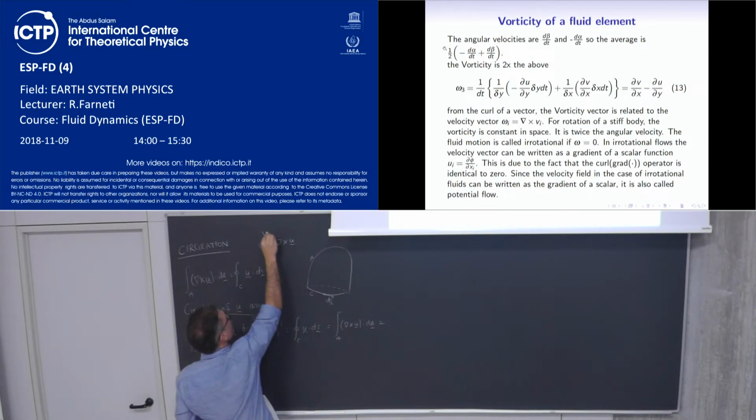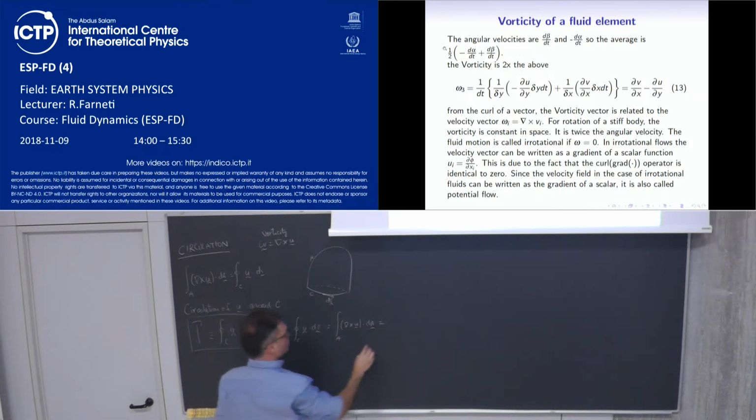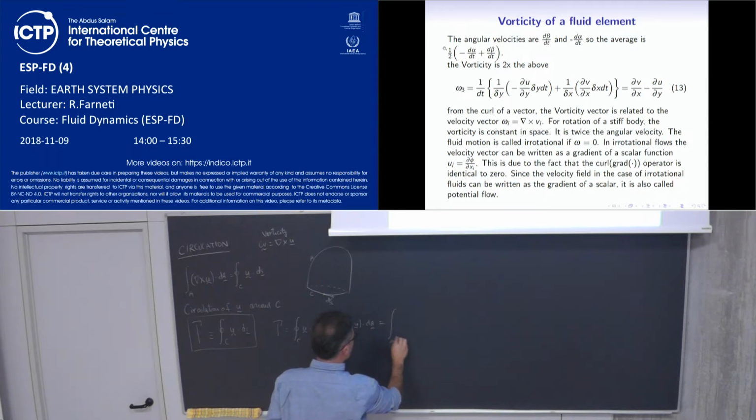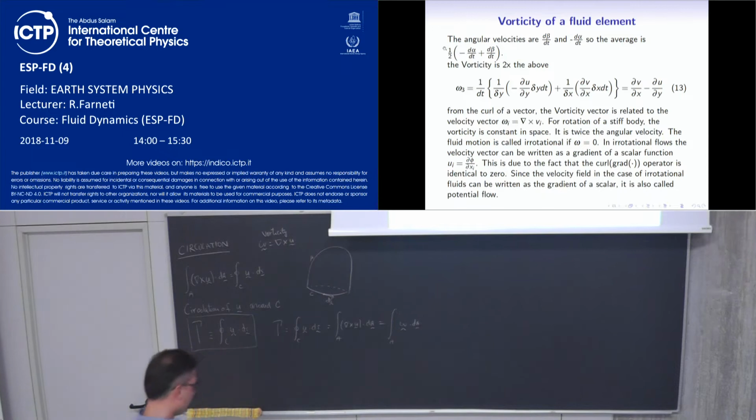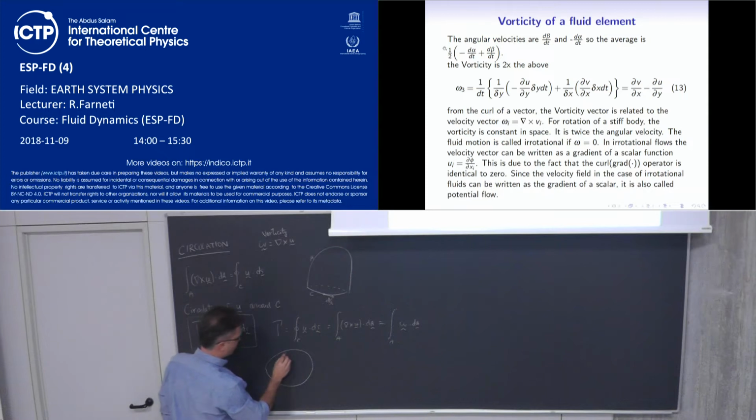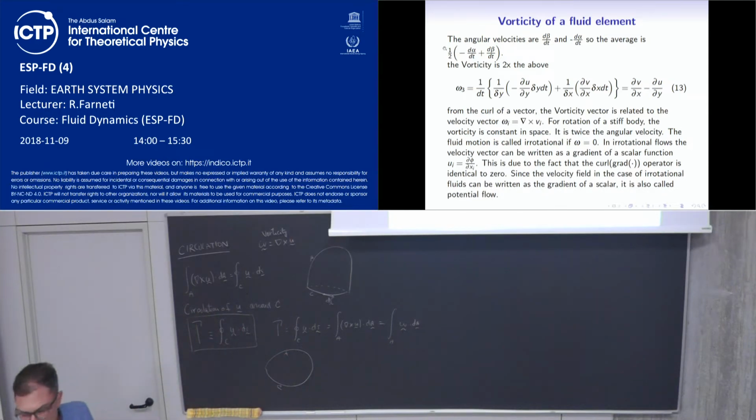Okay, this is my vorticity. So this means that the circulation of u around a closed curve C, and we can shrink that surface to this surface A. This is my surface A, and this is my bounding contour C.